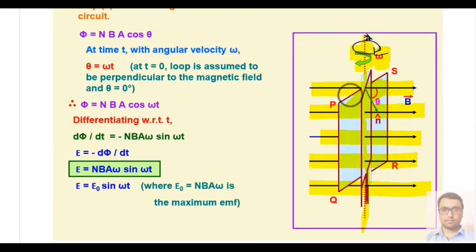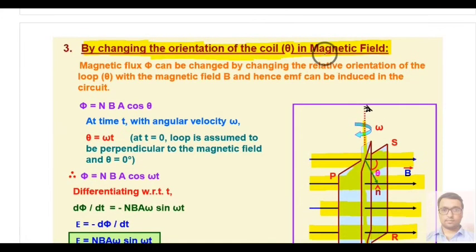In that case, the magnetic flux can be given by the formula phi equals NBA cos theta, and theta equals omega t. We know this is angular displacement, this is angular velocity, and this is time, so displacement equals velocity into time.